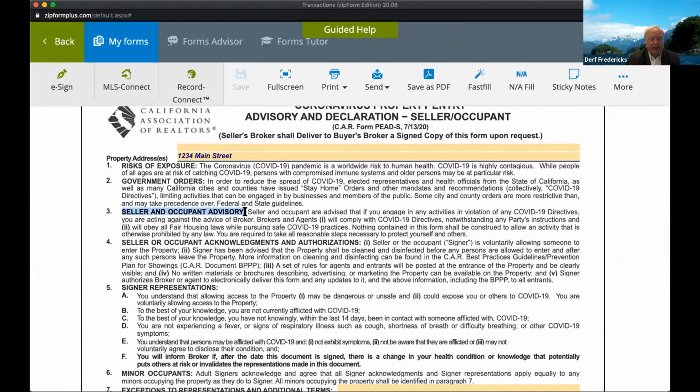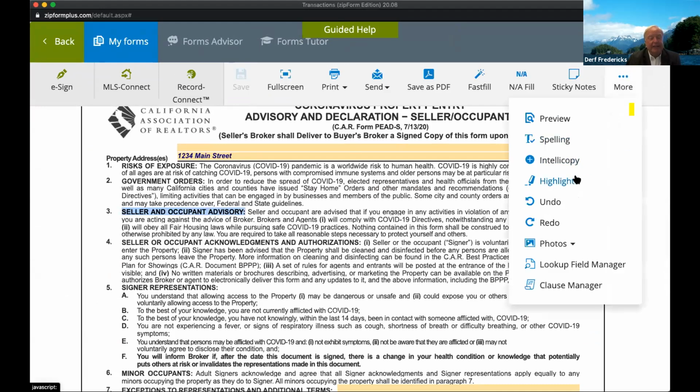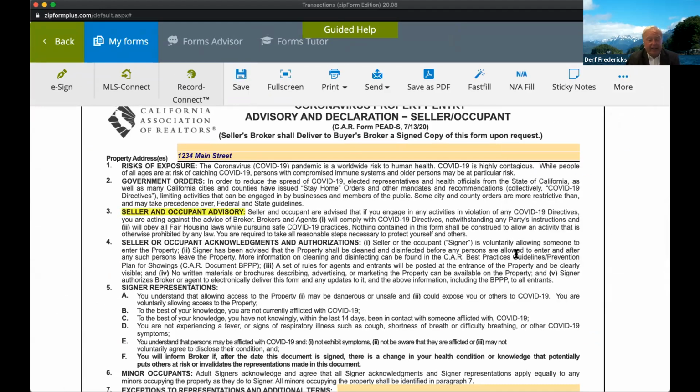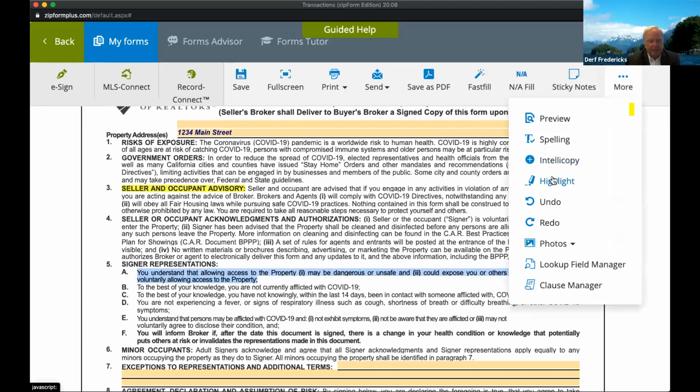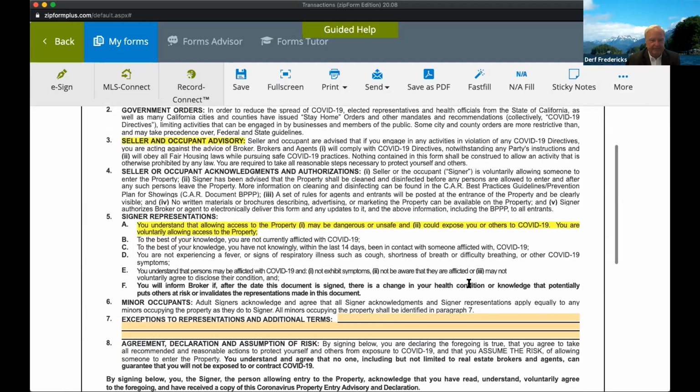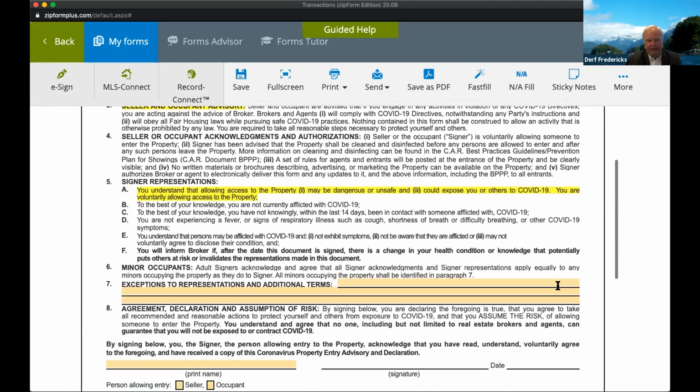The seller understands that allowing showings may be dangerous and unsafe, and voluntarily agrees to it. The seller also lists any minors that will be occupying the property. And lastly, that the seller assumes all risks.